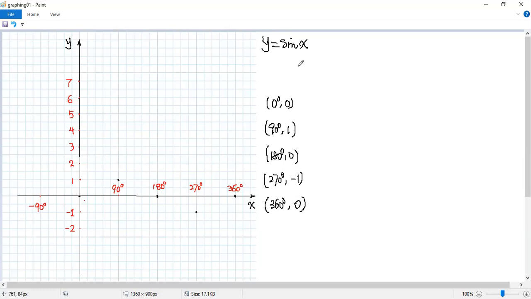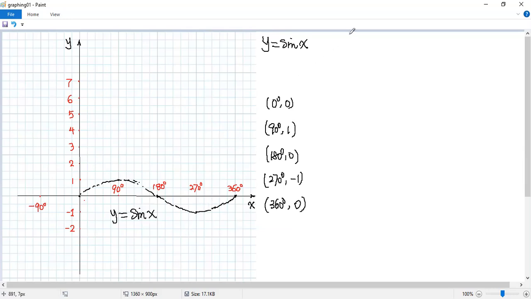To graph sine x, we can simply connect these key points using a smooth curve. So something like that. There is the graph of y equals sine x in one period.